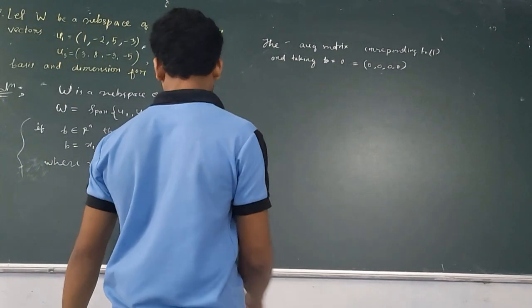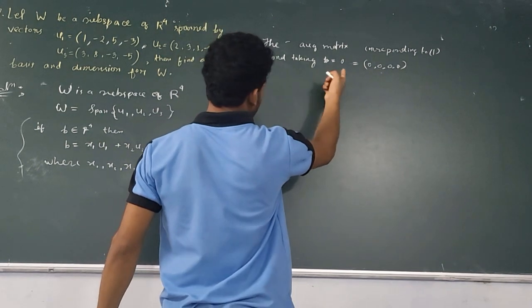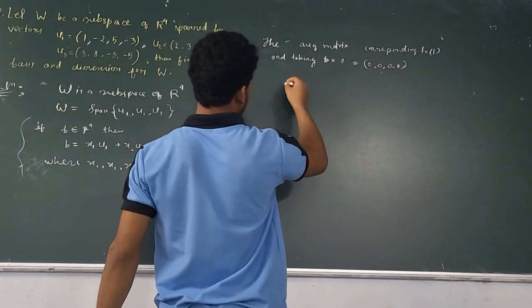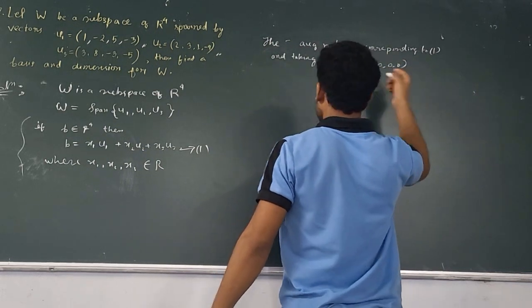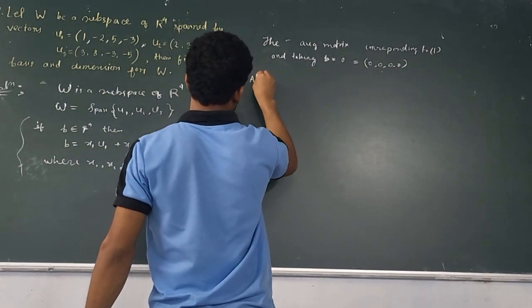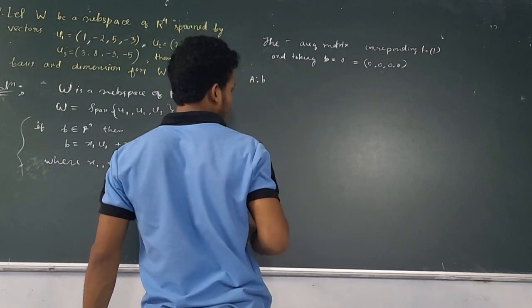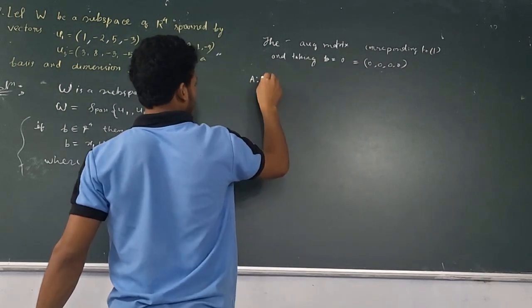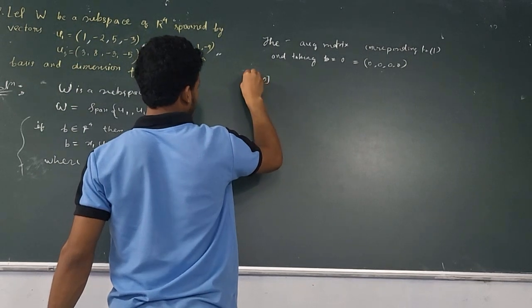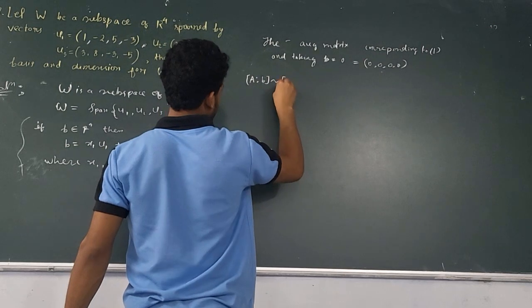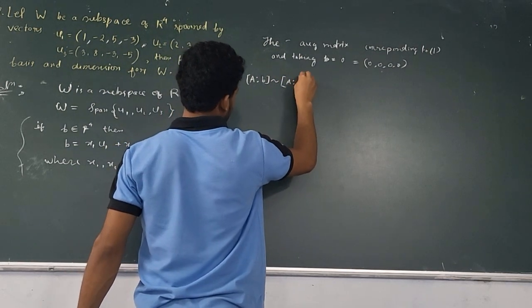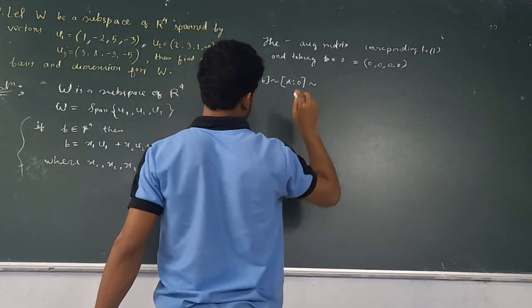So taking the augmented matrix [A | B] with B equal to 0, it will be [A | 0].